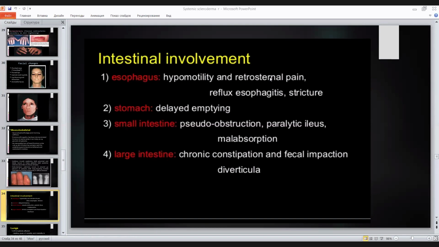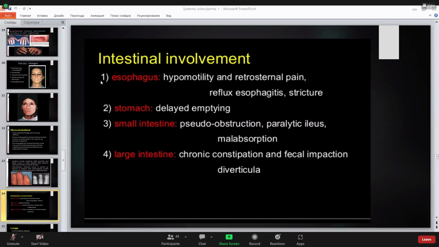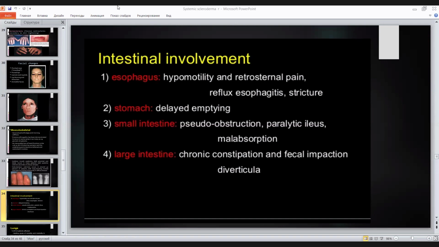Intestinal organs yeah, I want to switch off your voice, but 1 second, I can't close.